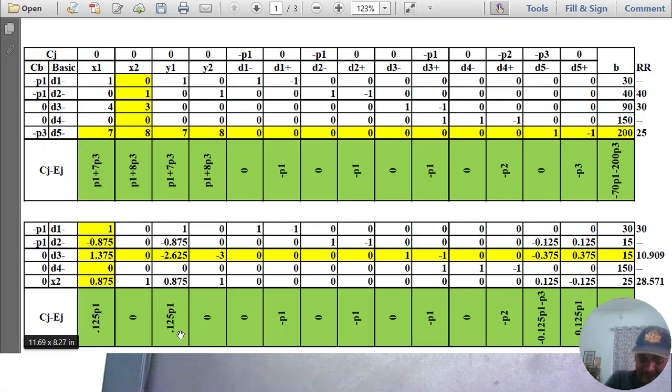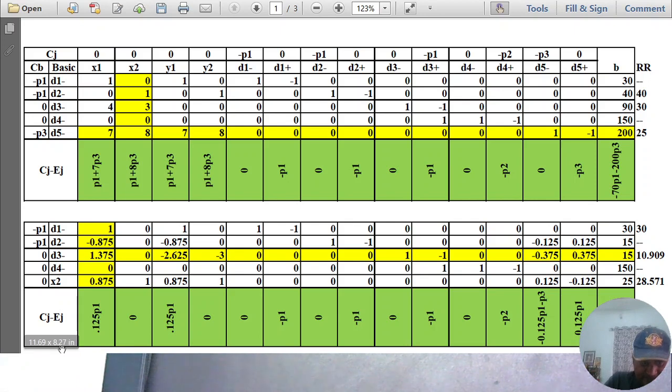Then, after having all P2s negative, you have to search for a column wherein you have P3 positive and maximum. This is the only change you have to look for while solving the goal programming problem.